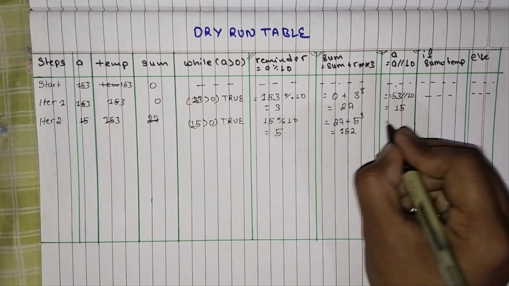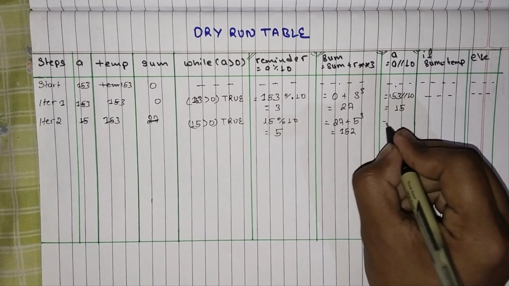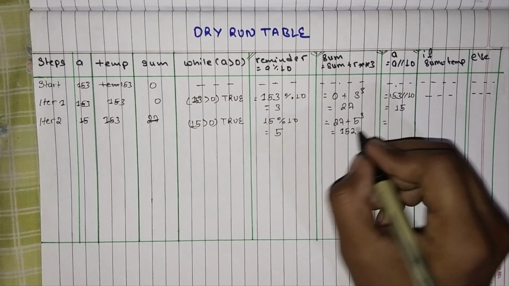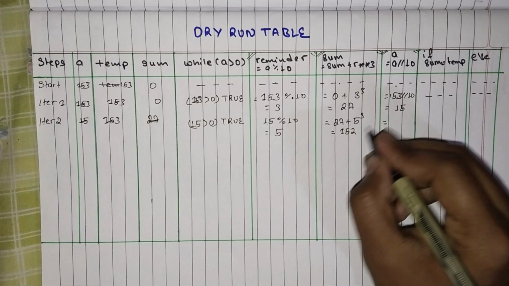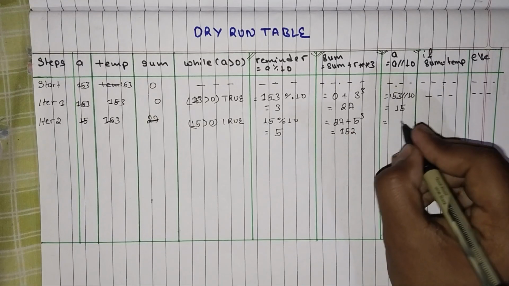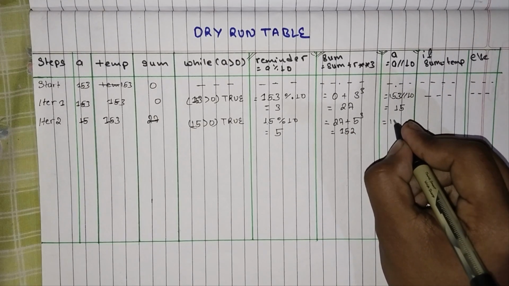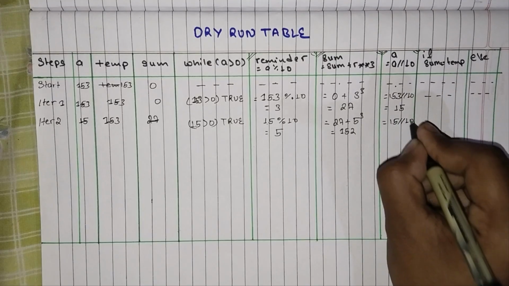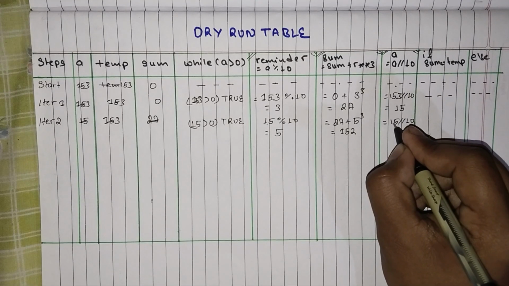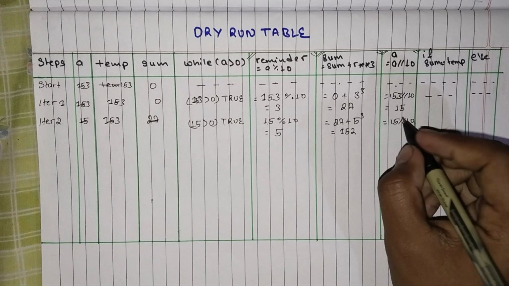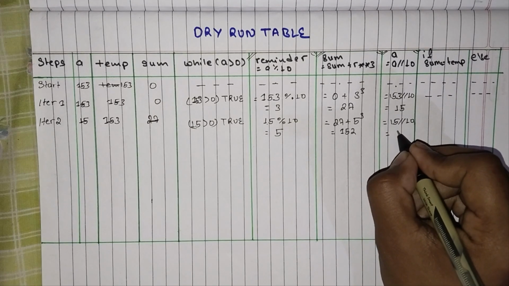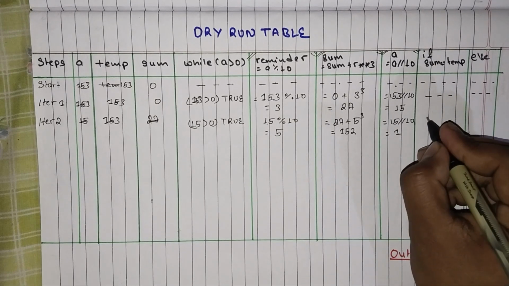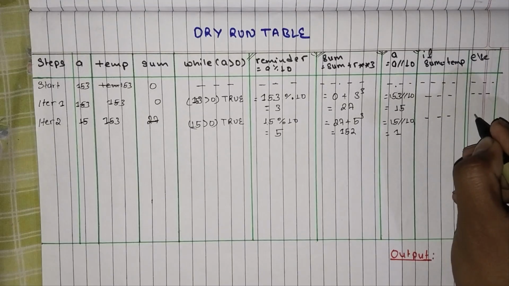And as we proceed, we will not go over here, just write 15 divided by 10. And as we earlier discussed, it will be 1.5, right? But it will not store the decimal, only the quotient, and it will be 1. And again we are not outside of the loop.